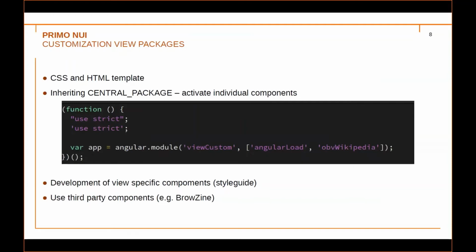Yeah, for specific views, we have also developed components which are specific for the views, but we also followed our own style guide when doing this development. So we have the same rules for the central package and for the view package, and this helped a lot. And as already mentioned, there are third-party components.